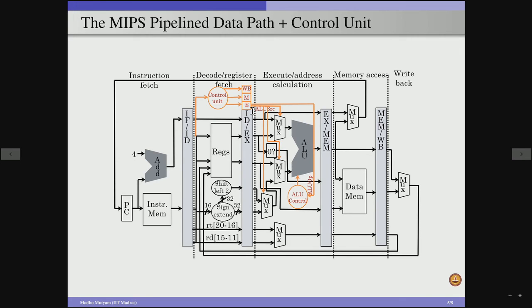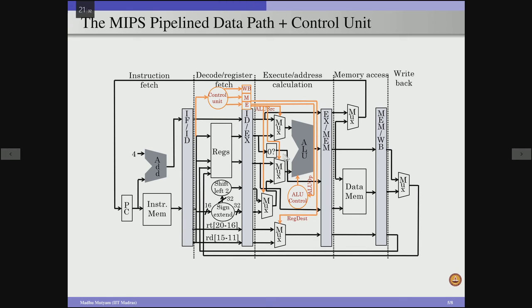Also, this control unit generates a signal, that is the ALU op signal, which is based on the opcode in the instruction, and based on that the ALU control unit will act, and accordingly it will select a required functional unit in this ALU. Here the ALU consists of a collection of functional units, and based on the ALU op signal, the ALU controller will generate an appropriate signal to select the required functional unit, and that functional unit is going to perform the operation on the operands.